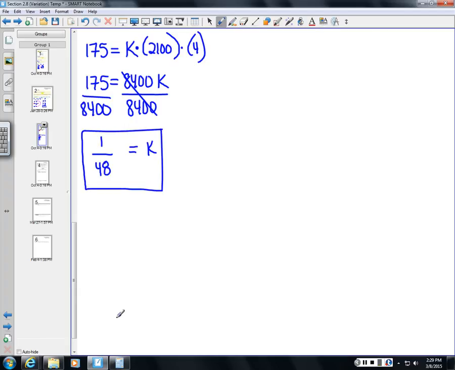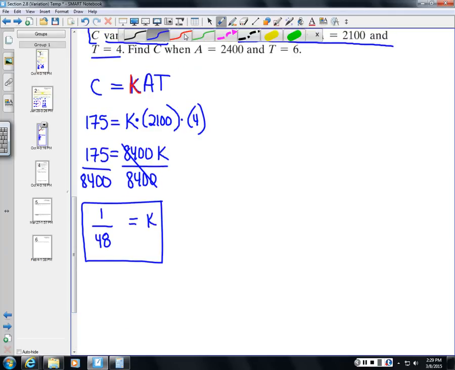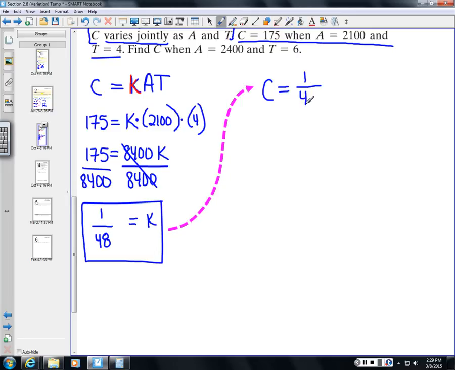Okay, so even if you kind of start reducing it down by 5 and then looking at it again and then reducing it again until you get down to that, that's okay. But get it fully reduced. So now we're going to take the 1 over 48 and we're going to replace it into the original equation. So the k we know is going to be 1 over 48 times a times t.